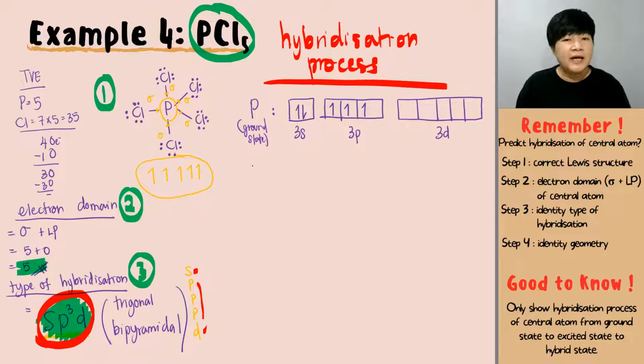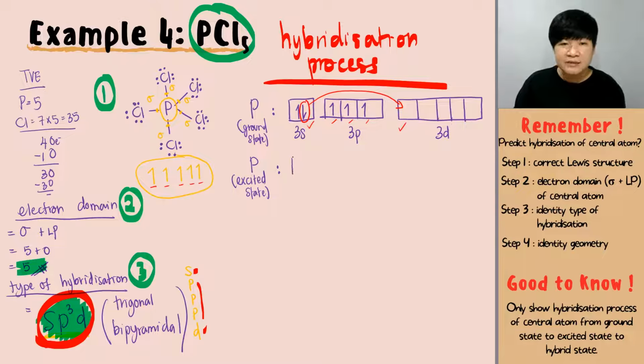And after so many examples, you should roughly know how and why the excited state looks the way it does. So, for your excited state, obviously, you're going to move 1 of the electrons in the 3s all the way to your 3d. Why all the way to your 3d? Because your 3p already has all single unpaired electrons, and we need 5 single unpaired electrons. So you need to excite 1 of the electrons from the 3s to the 3d.